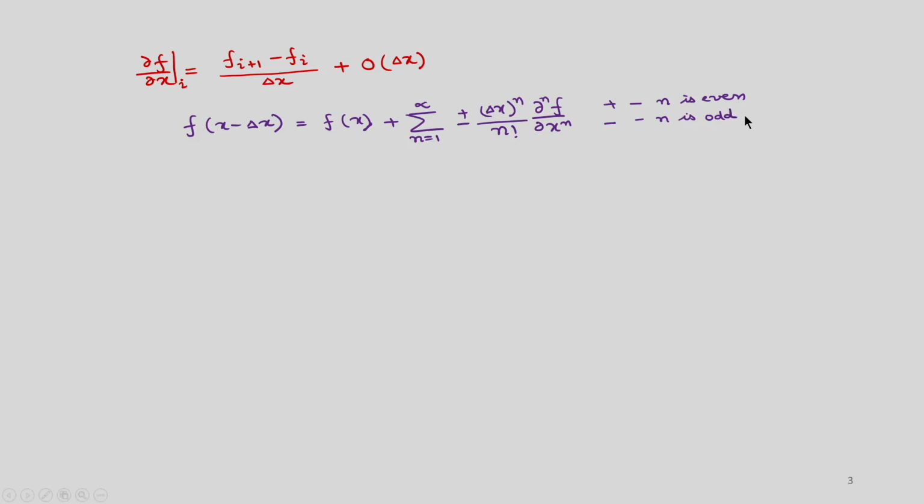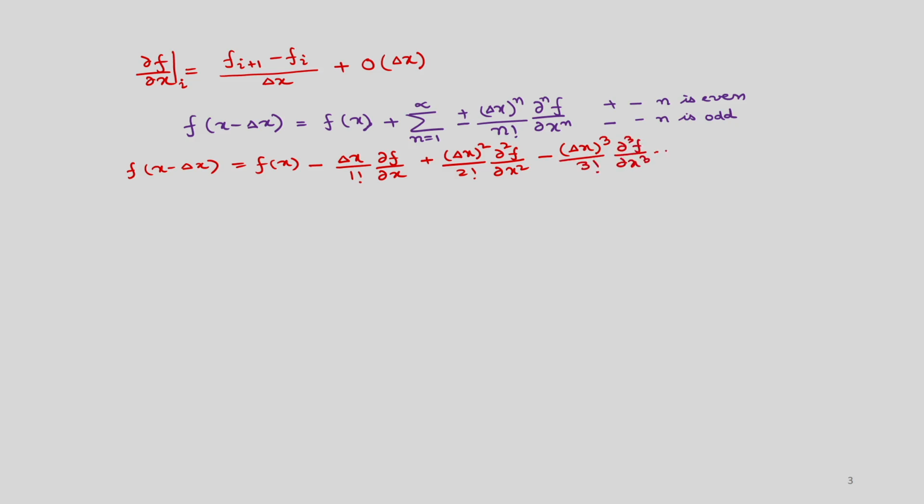If you expand it, you get f x minus delta x equal to f x minus delta x by factorial 1 del f by del x plus delta x square by factorial 2 del 2 f by del x square, then minus delta x cube by factorial 3 del cube f by del x cube and so on.